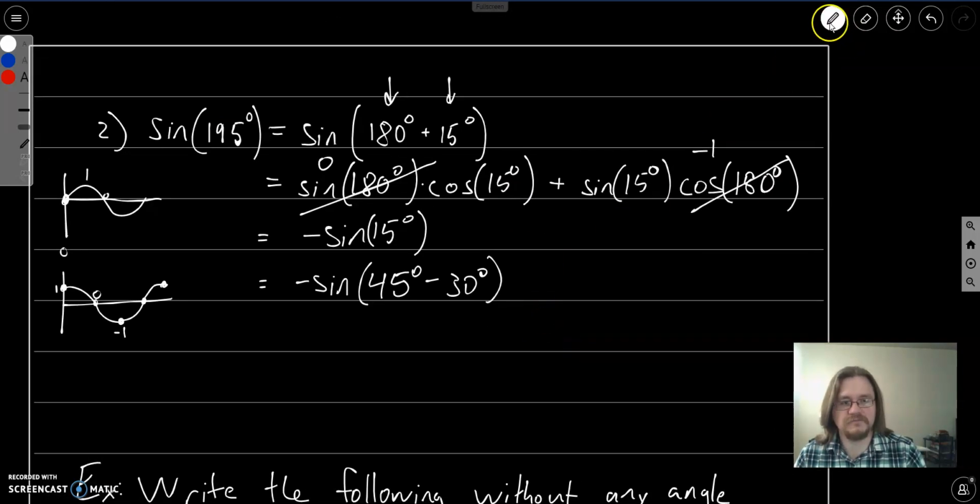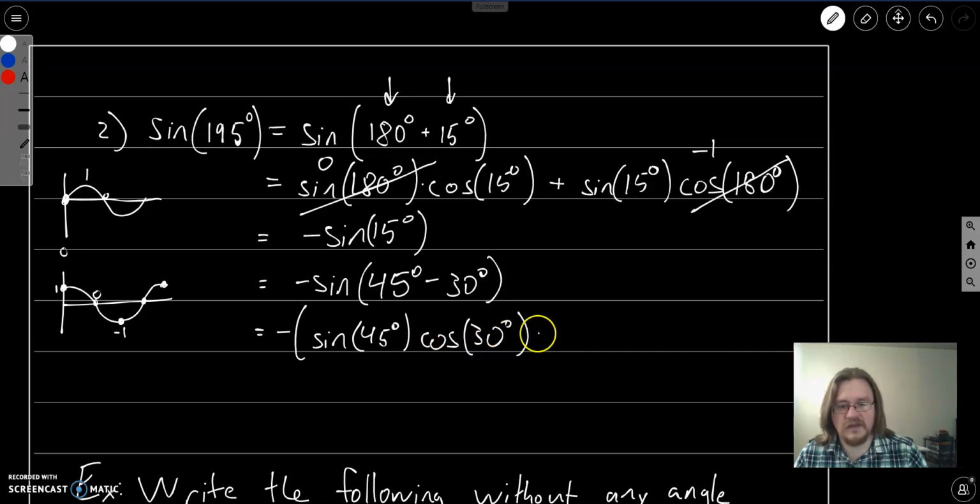So here, the sine of a difference. I'm just going to put this negative sign out front with a pretty big parenthesis around it. That's going to be the sine of a 45 degree angle times the cosine of a 30 degree angle minus the sine of the 30 degree angle times the cosine of a 45 degree angle.